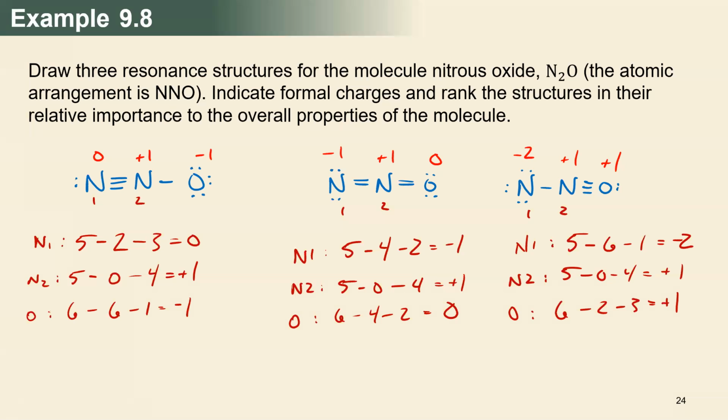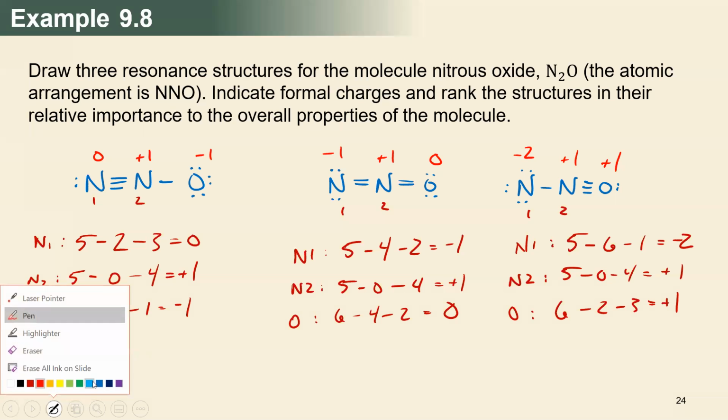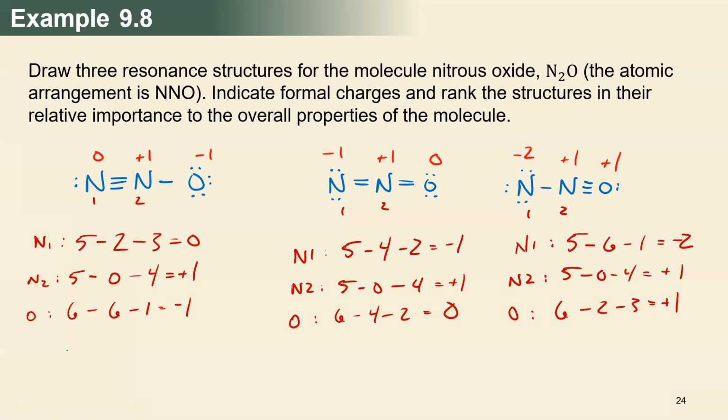Which one of these is the best? Left, middle, or right? The middle one? Left. Yeah, it is the left. Again, it's because oxygen is more electronegative, so he's going to have the negative formal charge.